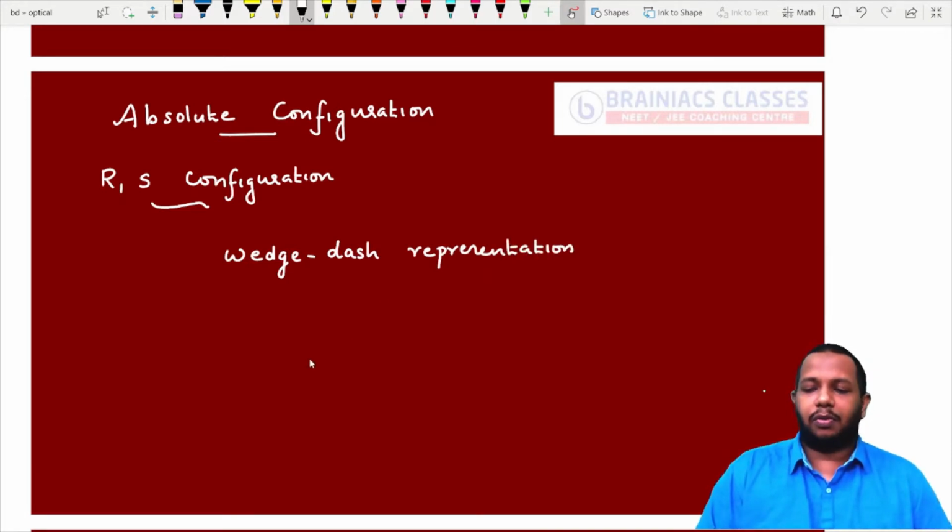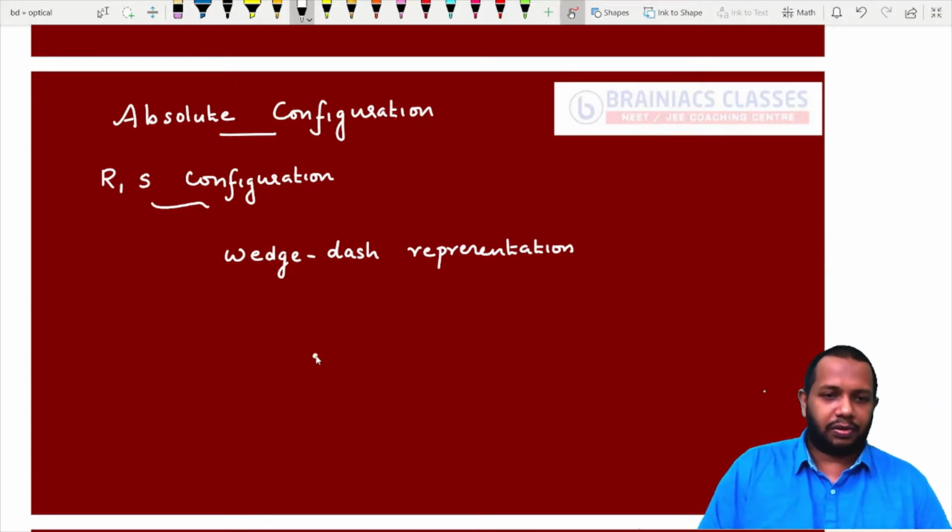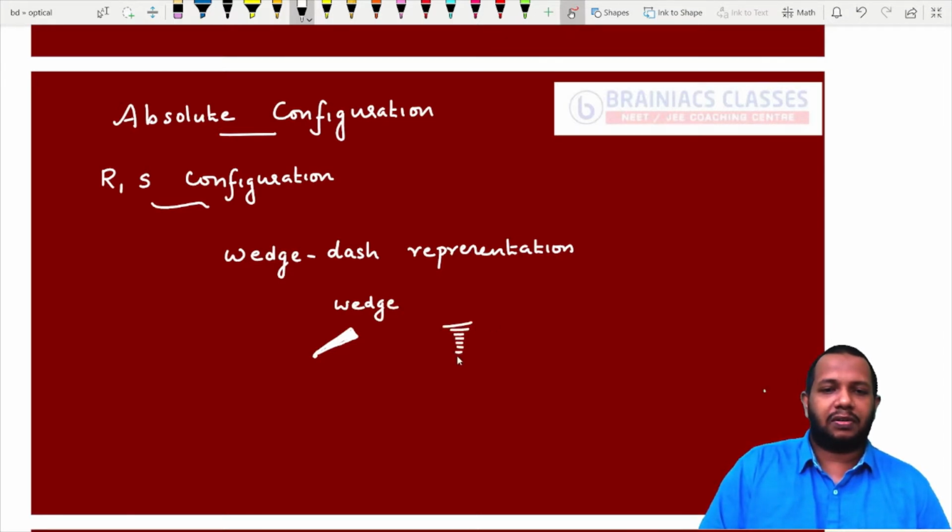If I am going to represent a compound or carbon, you can see I am using a wedge. This is called a wedge basically. And dash is something like this. So this is called dash.